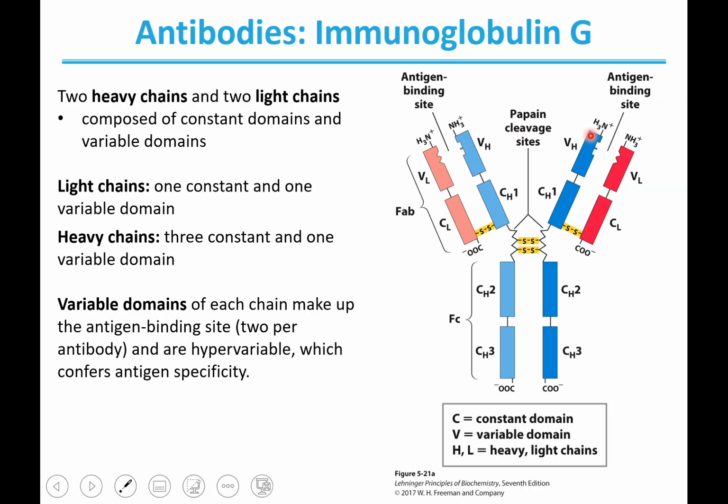The variable domains make up the different antigen binding sites. They're hypervariable, which means there are many combinations of these variable domains, and that's what gives specificity to a large number of different antigens.